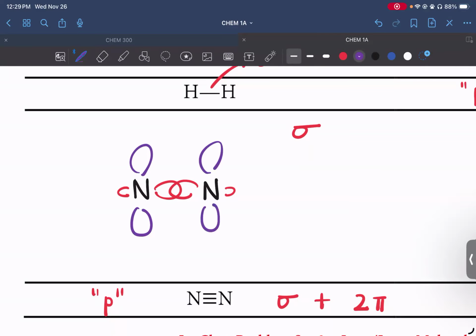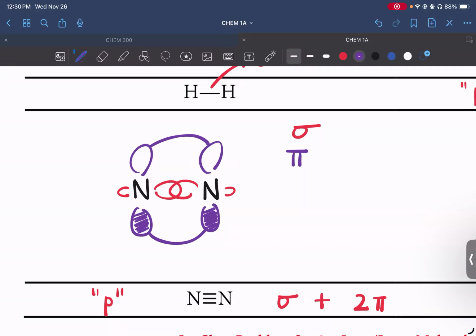We then have our first pi bond, connected as so. Now I'm purposefully shading in to make it clear that they may be opposite signs, but they both will connect. This is, of course, our first pi bond, but we're not done yet.